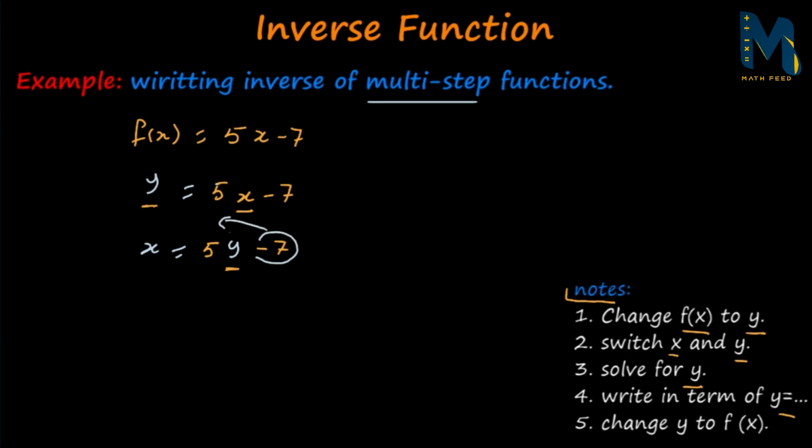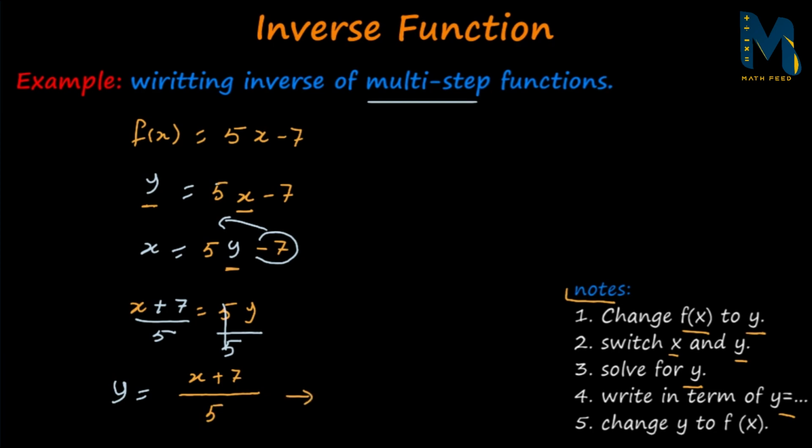We move negative 7 to the other side. It will be x plus 7 equals 5y. Now we divide both sides by 5 to isolate y. These two will cancel. Write in terms of y: y equals x plus 7 over 5.